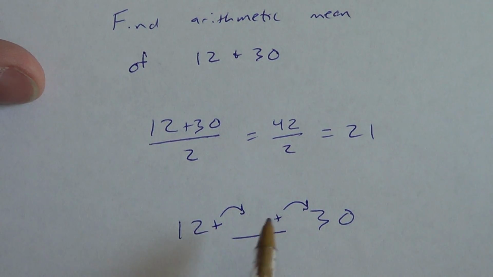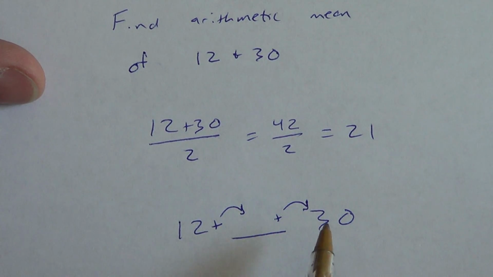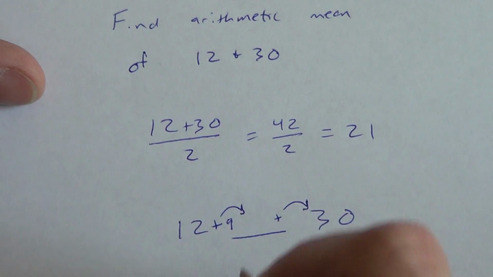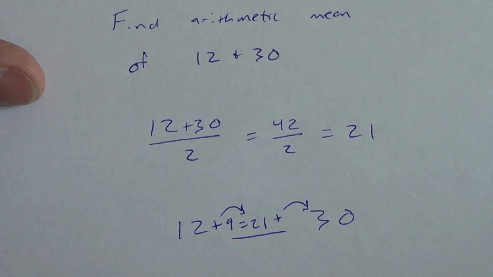And whatever I add has to be the same thing. So if I add 5, 12 plus 5 is 17, 17 plus 5, no, that doesn't work, it's not 30. Well, 12 plus what? And so on. Well, what it ends up being is 12 plus 9. And that gives me 21. And 21 plus 9. And that gives me 30. And that's really how we're dealing with the 21. It's that I'm adding 9 each time.